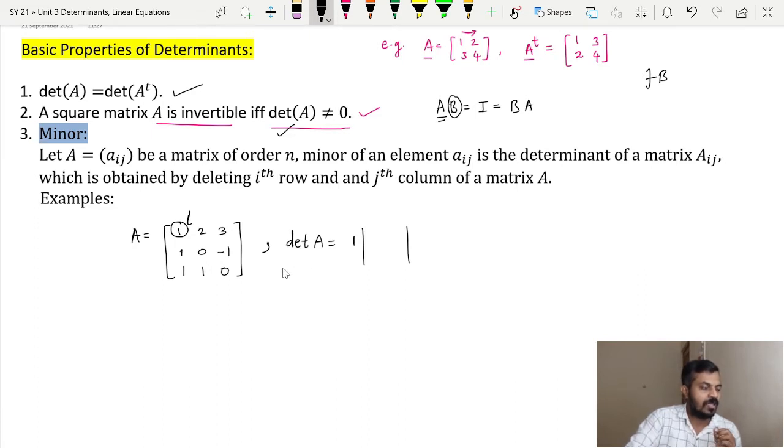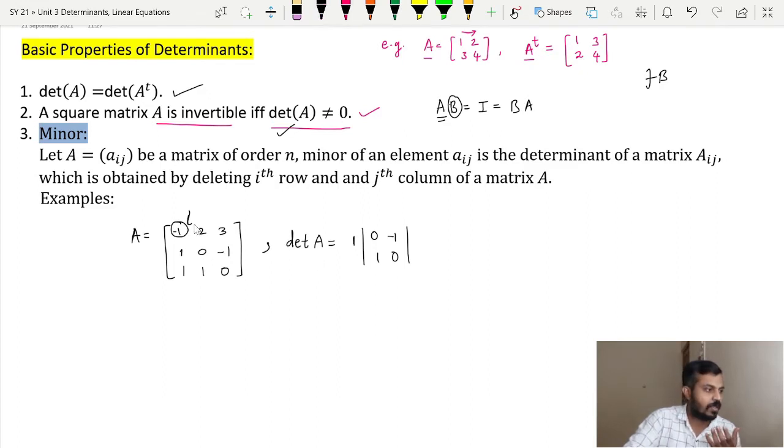Now just see that 1 is present in the first row and the first column. It is an entry at the first row and first column. So we are going to delete the first row and first column, and the leftover entries I will write here. If I delete my first row and my first column, what is left is 0, minus 1, 1 and 0.